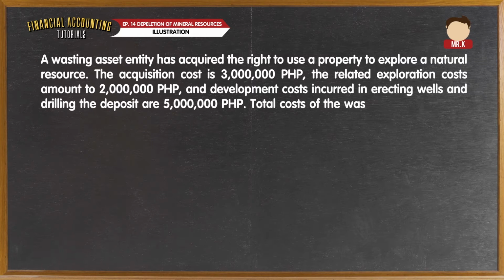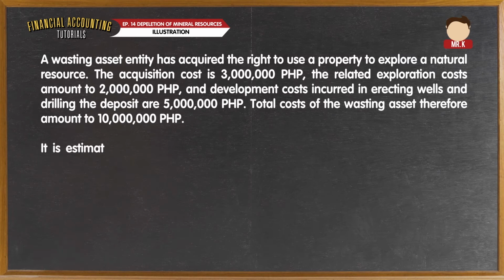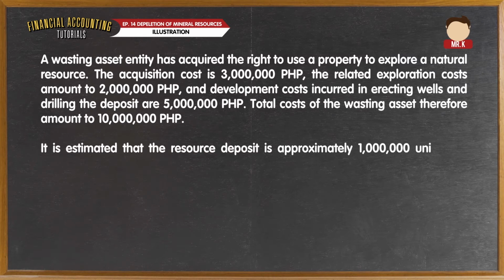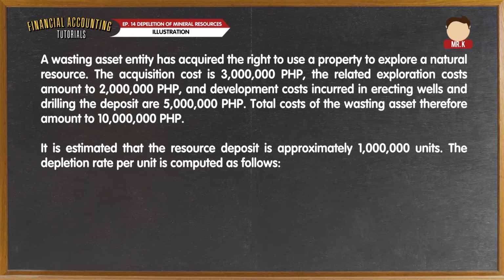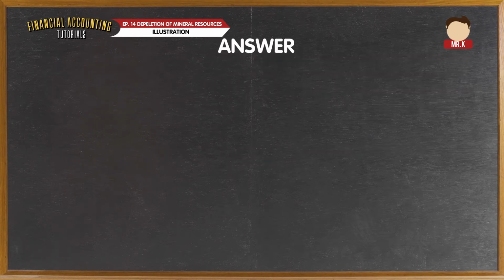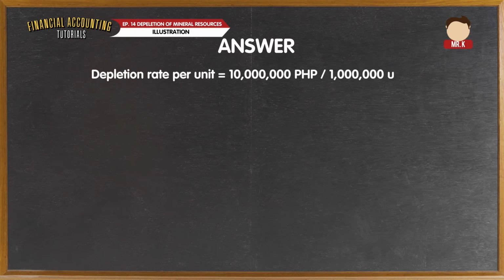Total cost of the wasting asset, therefore, amount to 10 million pesos. It is estimated that the resource deposit is approximately 1 million units. The depletion rate per unit is computed as follows. Depletion rate per unit is equal to 10 million pesos divided by 1 million units. Therefore, depletion rate per unit is equal to 10 pesos.